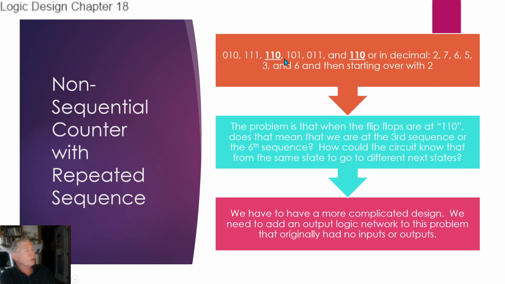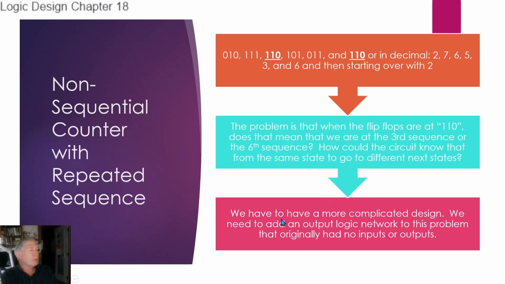So how do you know whether you're in S2 or S5 when your flip-flops are 1, 1, 0? Well, the answer is it's the same. It's the same designation, so there's no way to tell whether you're in that third sequence or the sixth sequence, S2 or S5. So how could the circuit know what the next state to go to would be when you're at 1, 1, 0 if you don't know whether you're in the third or the sixth sequence?